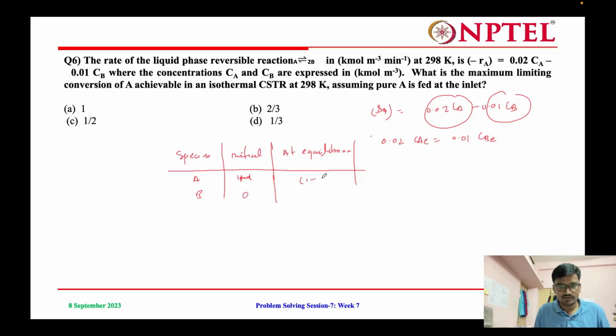At equilibrium, A is 1 minus Xe and B is twice Xe, based on the stoichiometry.